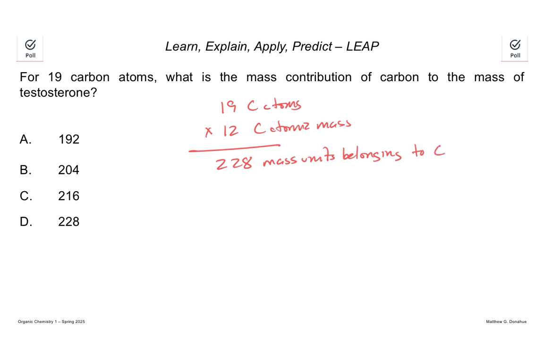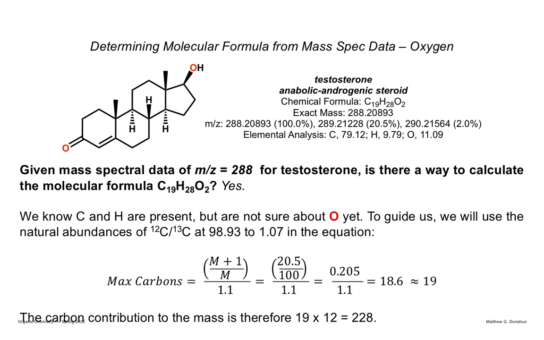So 228 mass units belong to carbon. So we're slowly building up from that number, the number of carbons.